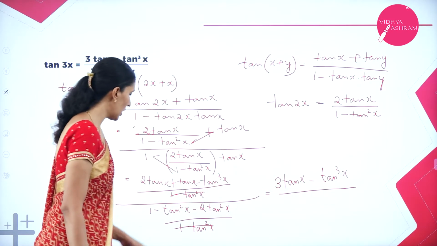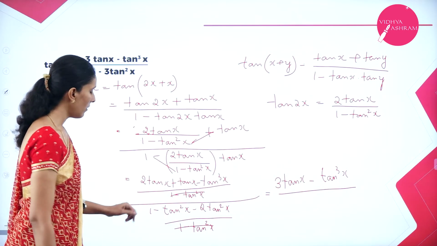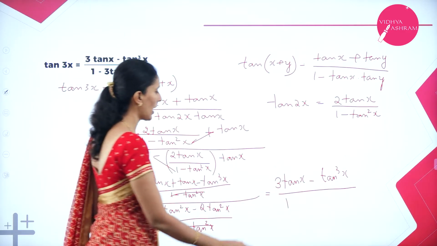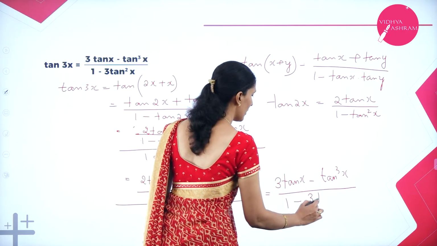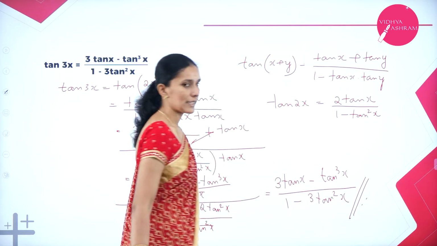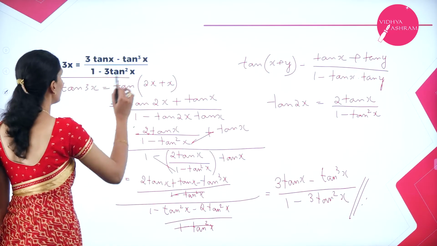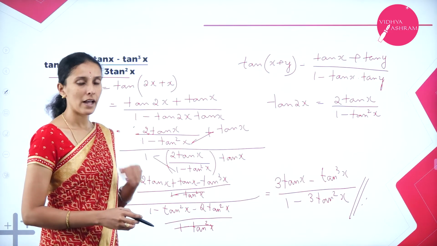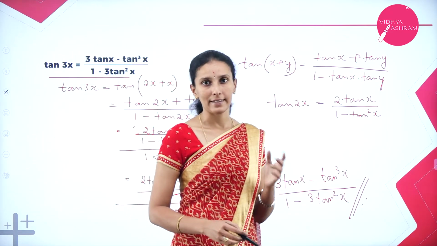Whole divided by, here in the denominator you have 1, write 1. Minus tan square x minus 2 tan square x becomes minus 3 tan square x. So this is your right hand side part. So tan 3x is 3 tan x minus tan cube x divided by 1 minus 3 tan square x.